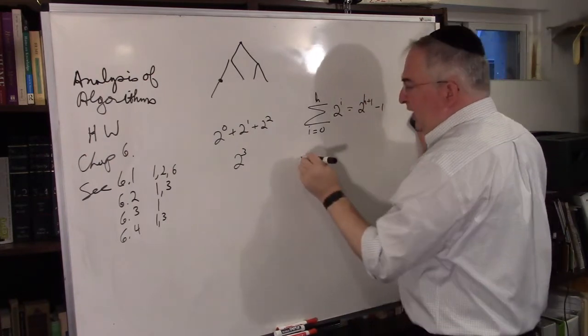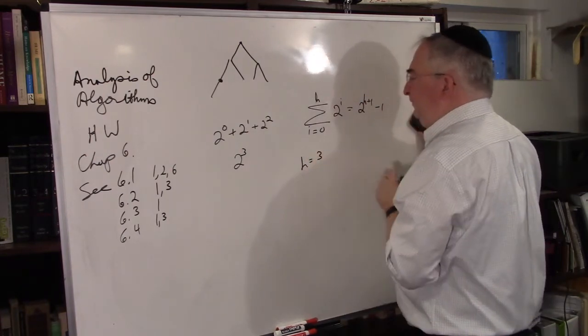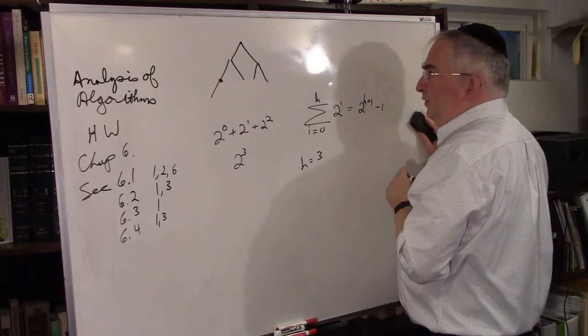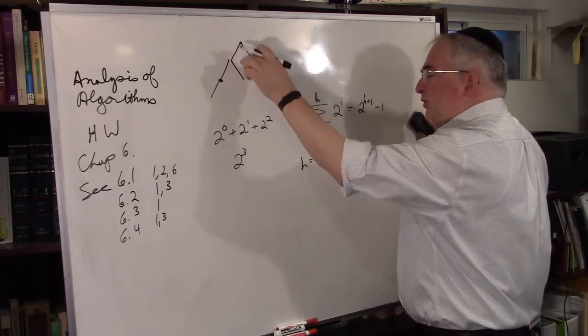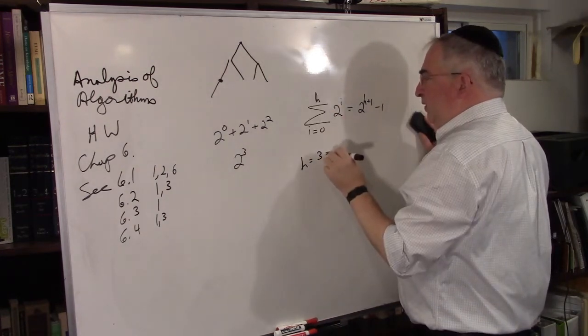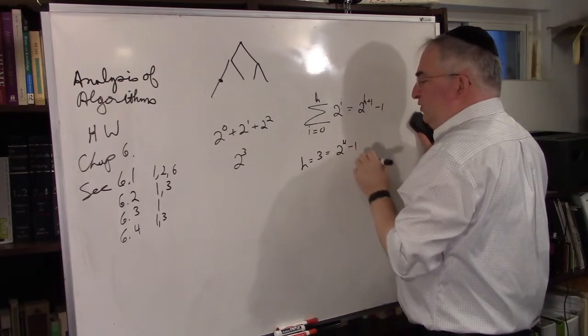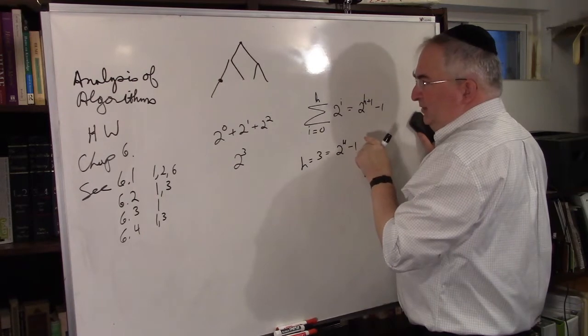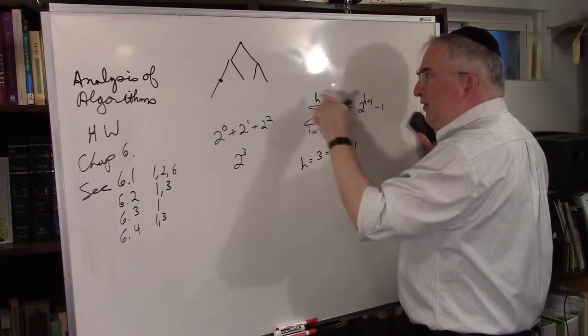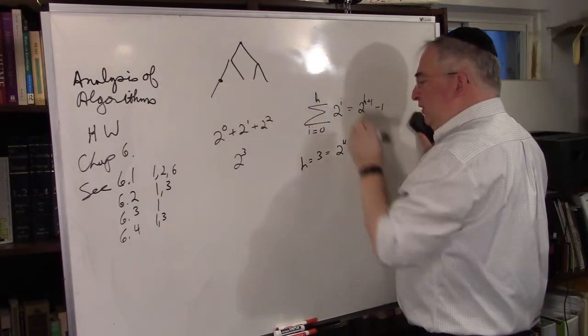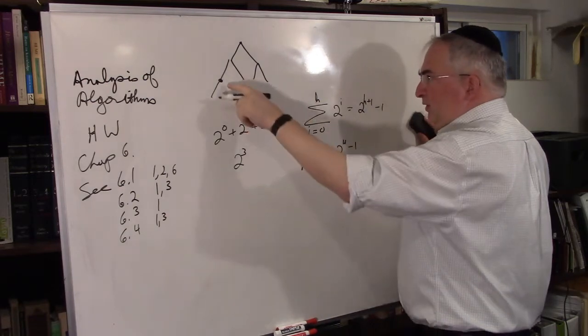So let's do this. h is equal to 3. So that would be 2 to the 4 minus 1. That's the max, if all of them were filled.